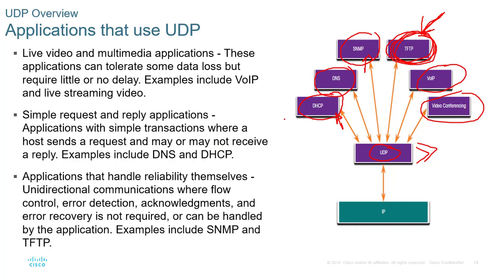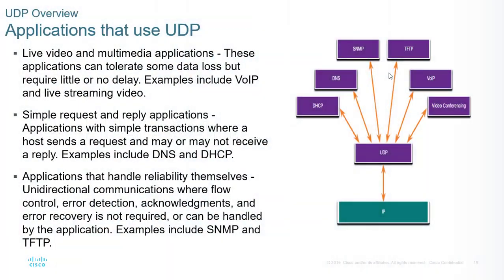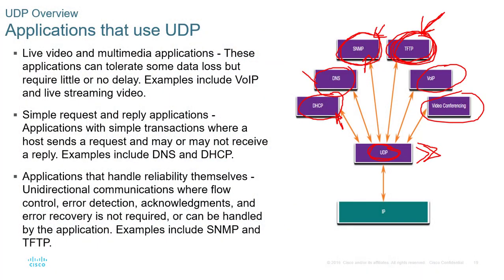So any applications that don't require the TCP/IP stack to provide flow and error control services, like SNMP and TFTP, will provide that service through the application layer protocol and not at the transport layer. And some of these other applications are transmitting very small amounts of data, just simple queries and responses, and they don't require sequencing or acknowledgments.